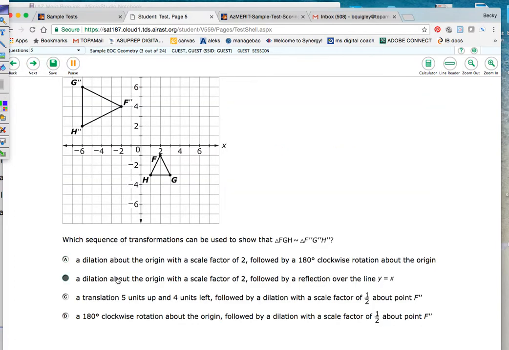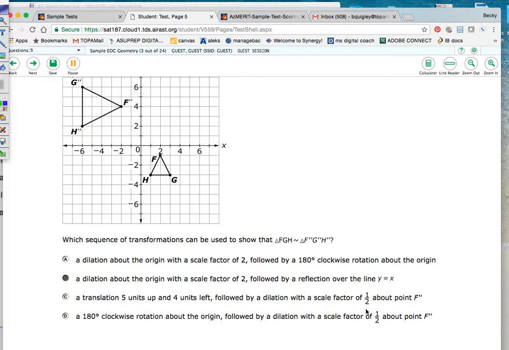On this question, what I just wanted to talk about briefly was how to eliminate two answers right off the bat. This is the image that we started with. This is our pre-image, and after 2 translations, we ended up with this image. Clearly, we went from a smaller triangle to a bigger triangle. So that means your dilation is going to be greater than 1.